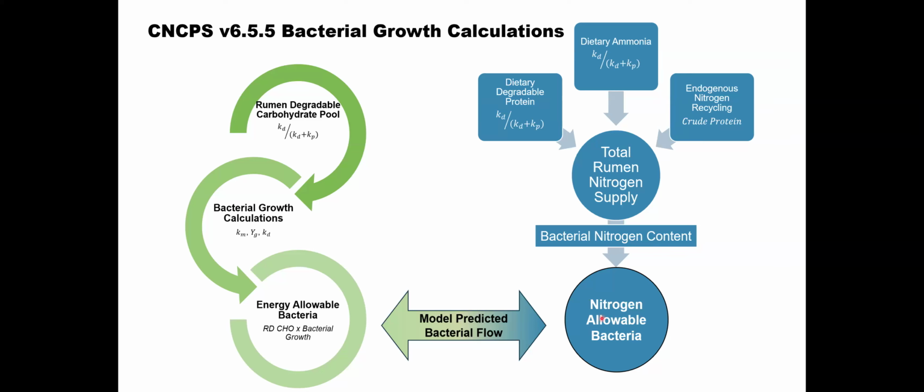And then it's the balance between these two that is going to dictate how many bacteria we can grow in that rumen, which is why forever and always we've looked at the rumen ammonia balance, rumen nitrogen balance relative to the total carbohydrate. And we've always told everybody, you want to be 120, maybe 130.